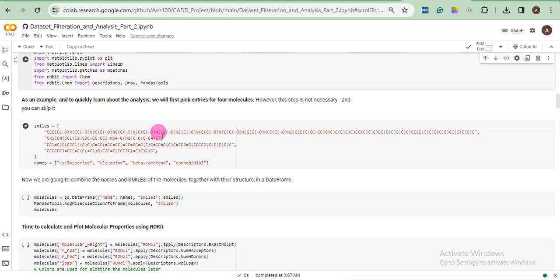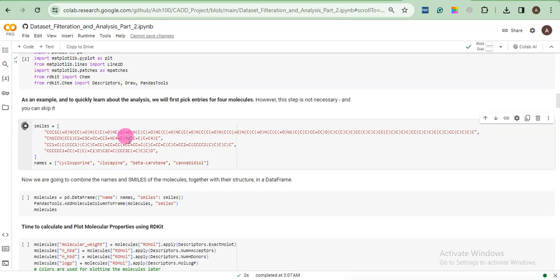So first we will train ourselves on 4 compounds, and we'll do some preliminary analysis to understand the concept of these 3 things we discussed above. Then we will load our data generated from part 1 and perform the analysis. So it will be easier for you to understand your data then. So I have 4 SMILES, and these are the names of these structures.